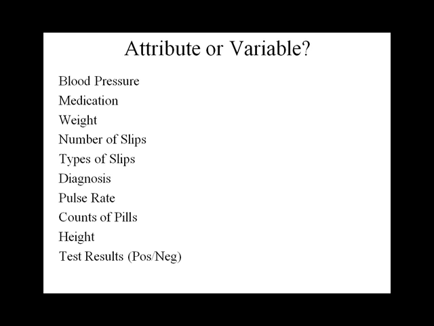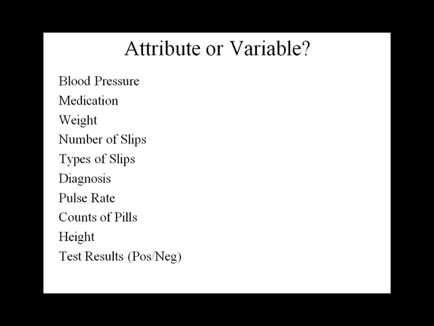Pulse rate is measured. One might argue that pulse rate has a limited number, say between 0 and 200, but we'll soon learn about our measurement systems that affect our measuring capability. If we could more accurately measure the pulse rate and not round to the nearest whole number, you could quickly see how this has an infinite number of possibilities. Counts of pills. Numbers.